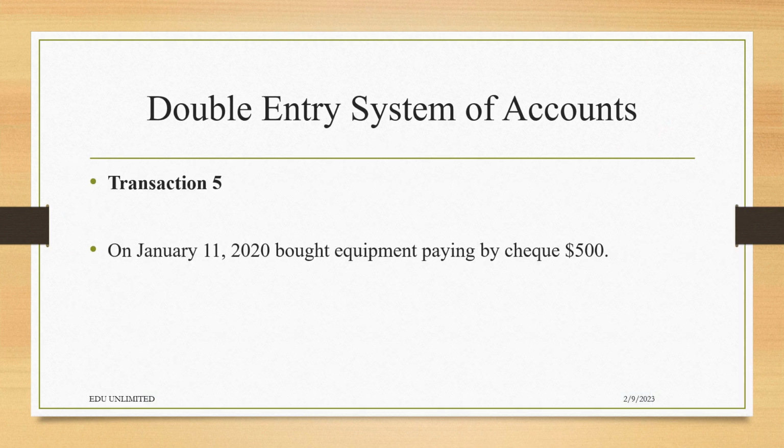Transaction number 5. On January 11, 2020, bought equipment, paid by check $500. The first thing that we will do is to find out the two accounts concerned, so that one account is the equipment account, which is an asset, and the other account is the bank account.